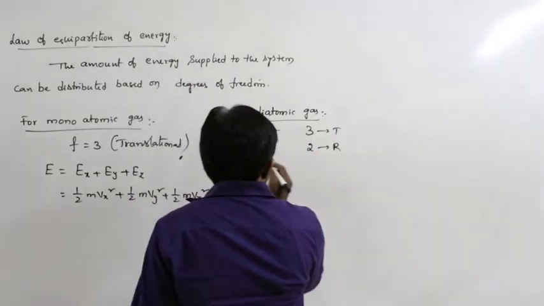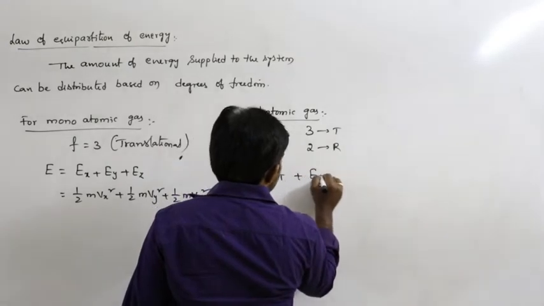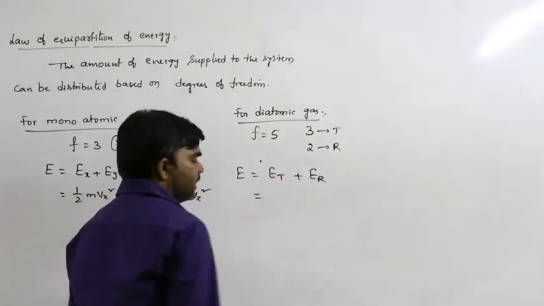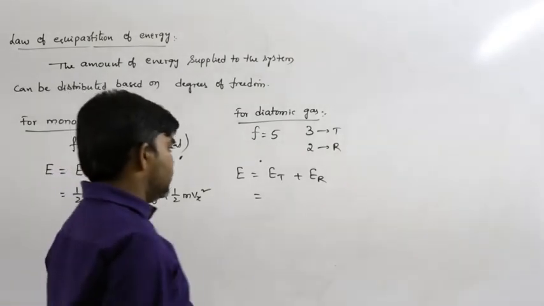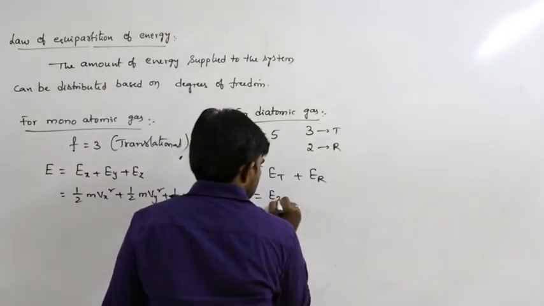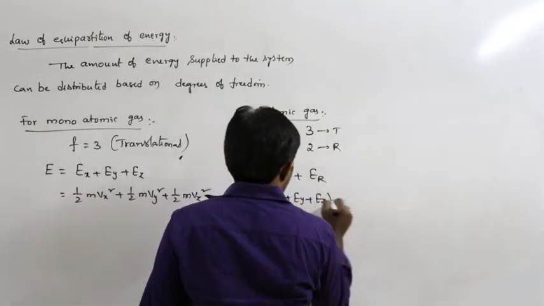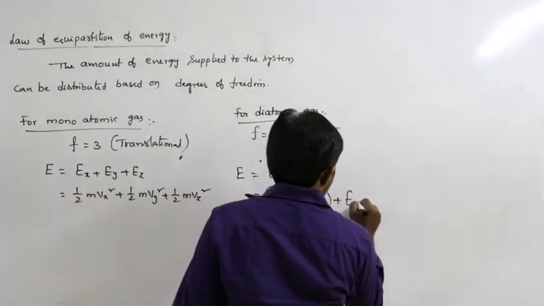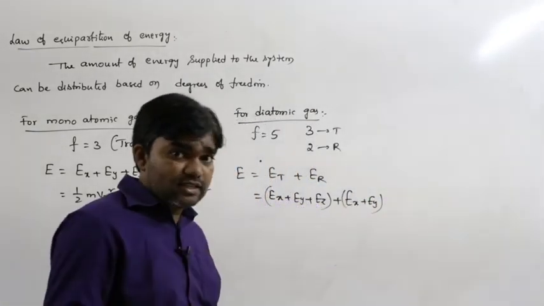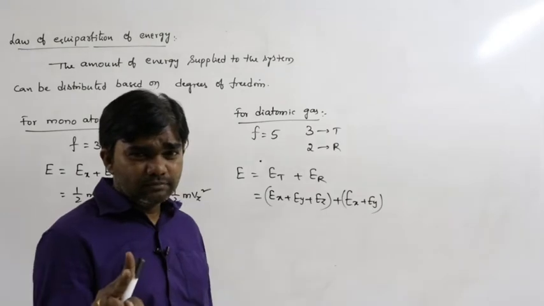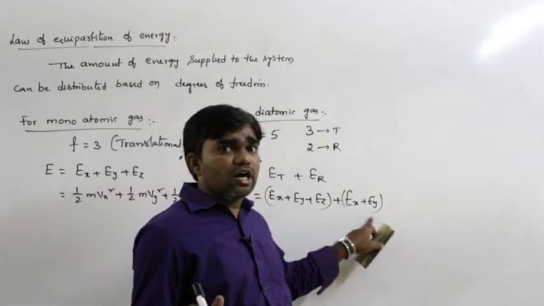So now, whatever energy is supplied is nothing but translational energy and rotational energy. Translational energy along the x axis, y axis or z axis, and rotational energy around the x or y or z axis. Any two we have to consider: any two rotational motions about the x, y or z axis.